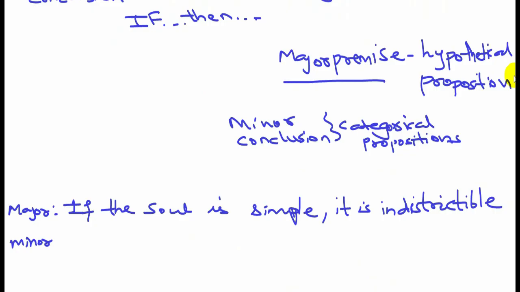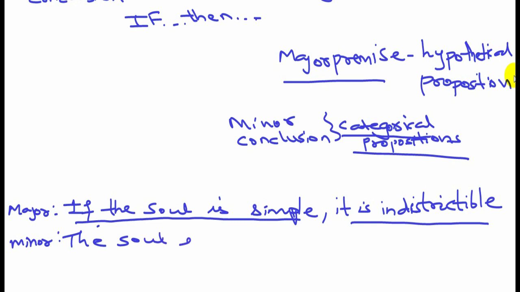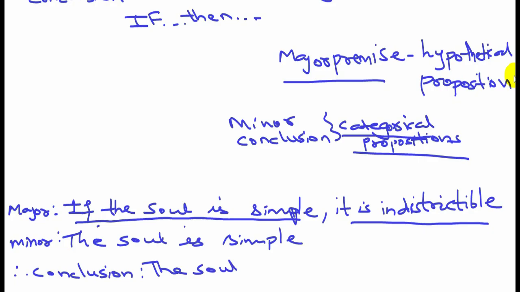If the soul is simple, it is indestructible. The minor premise will be a normal categorical proposition. Minor says the soul is simple. Therefore, the conclusion is the soul is indestructible. Okay.